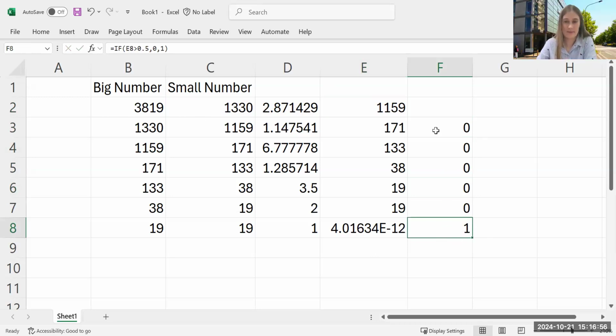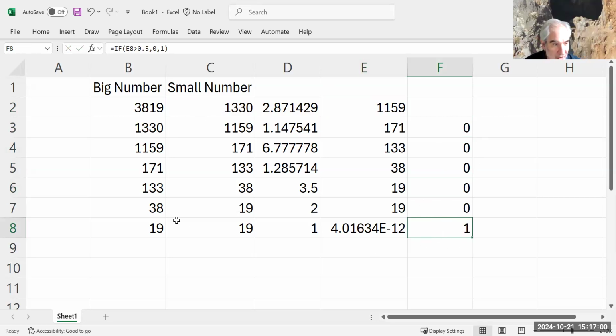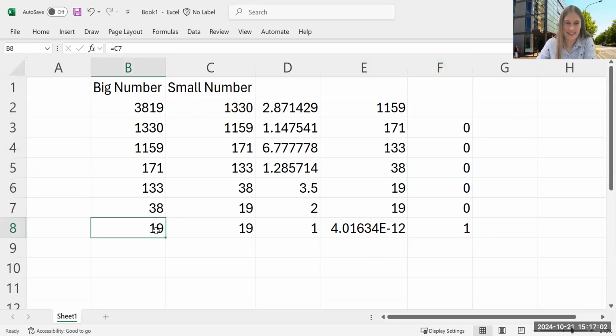So as soon as it pops up a 1 here, this indicator column tells us to look over here to see what our greatest common divisor is. That's really cool. I like that.